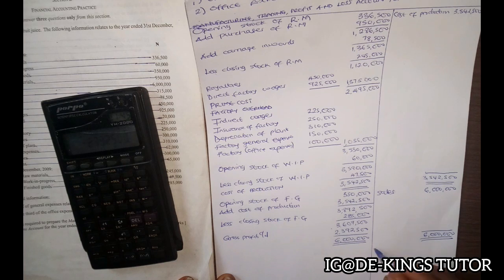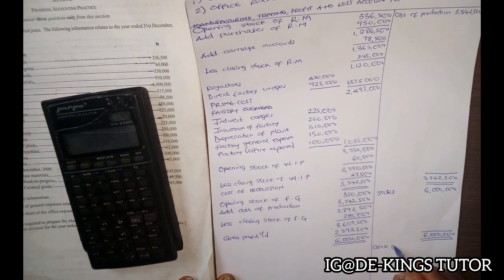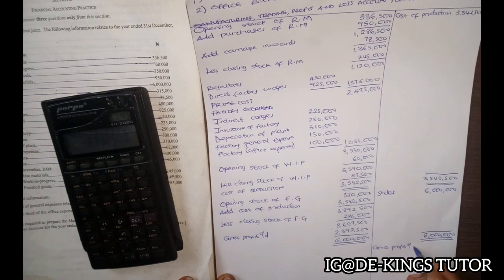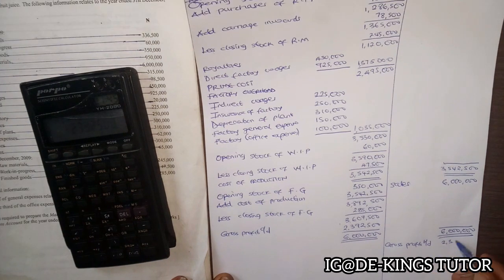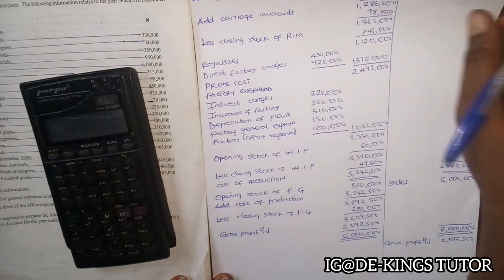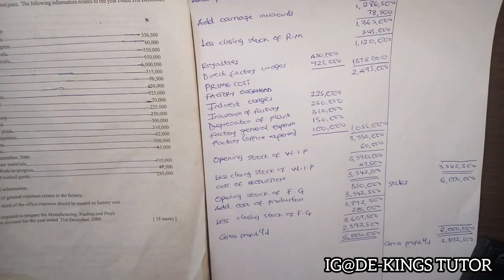So this gross profit carried down, it will be brought down here as gross profit brought down 2,392,500. Okay, so the expenses side now. Expenses.